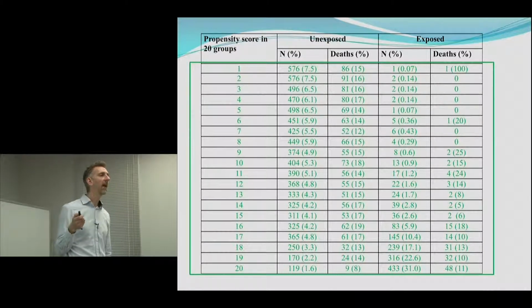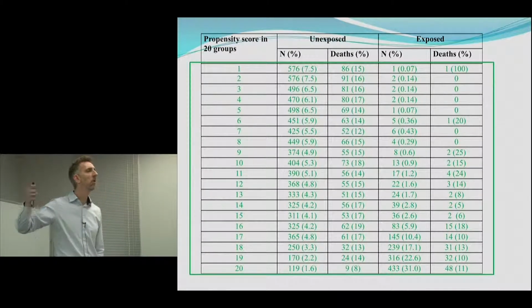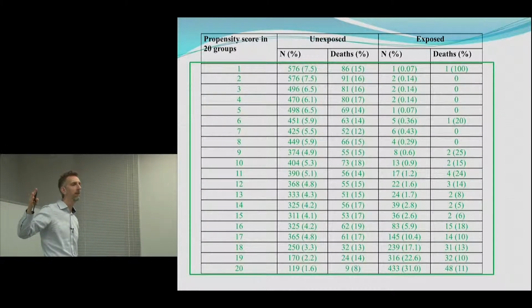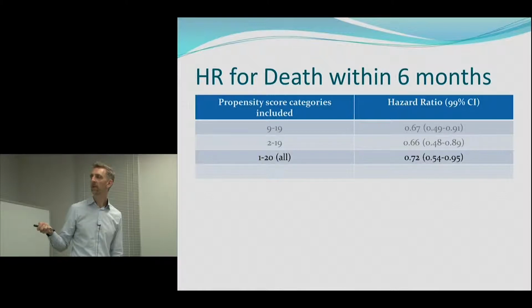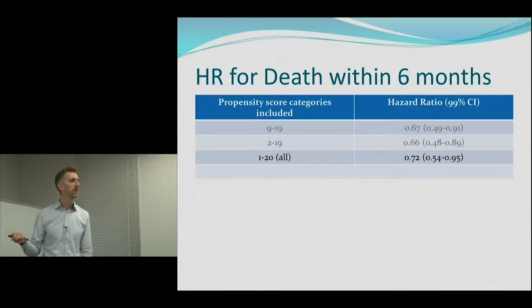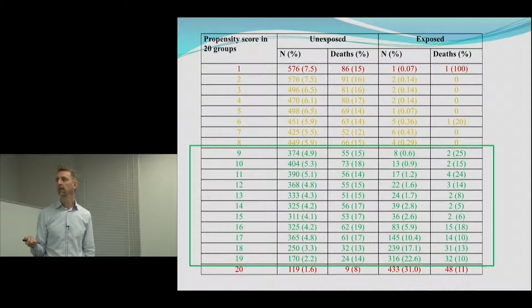And what about if we included absolutely everybody? This would be more similar to what would happen if we did a traditional multivariable analysis. And the hazard ratio does change a little bit there. It goes to 0.72. So it's a weaker effect if we include absolutely everybody in the analysis.